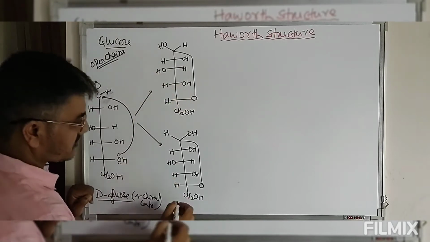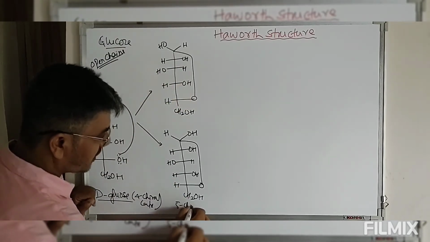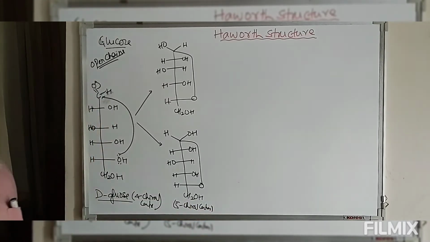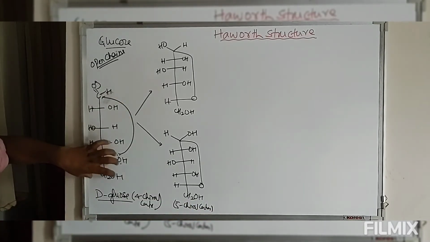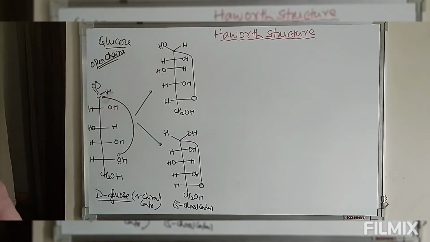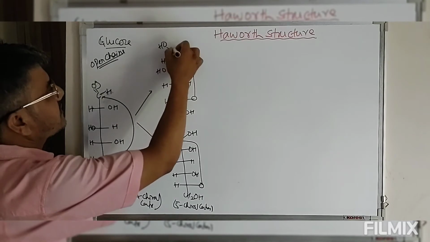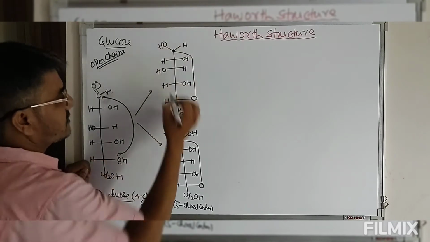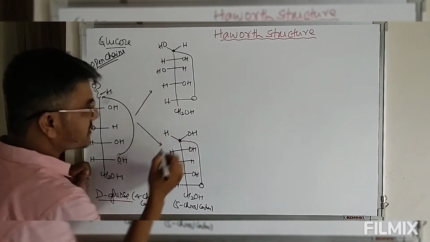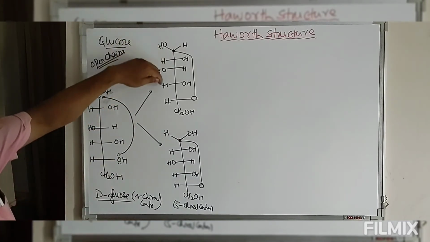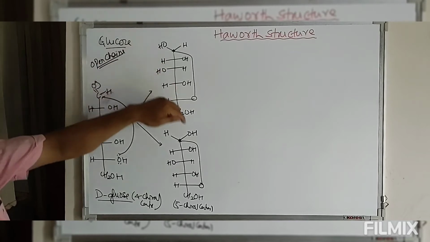This cyclic structure contains 5 chiral centers. Look at this, this is the newly developed chiral center. Except for this newly developed chiral center, the configuration in all the rest of the chiral centers is exactly identical.